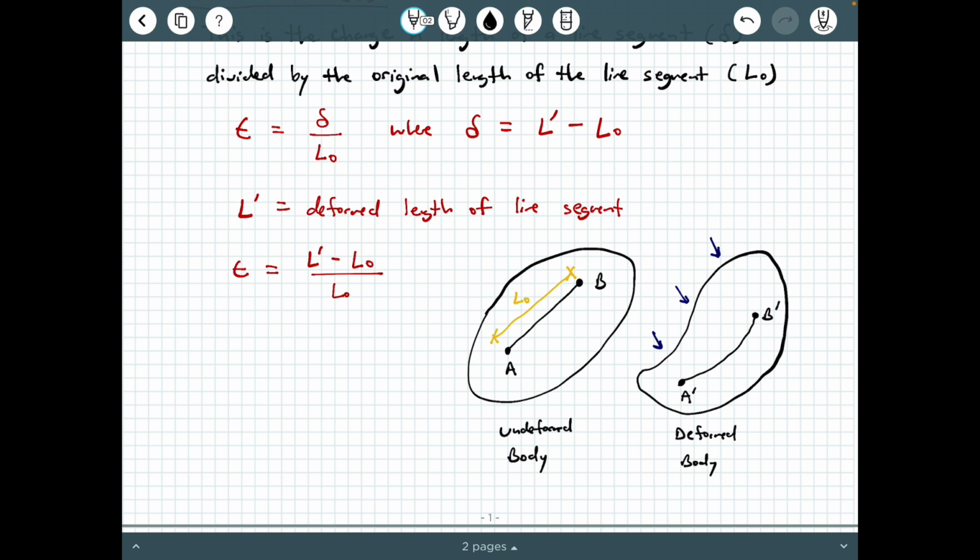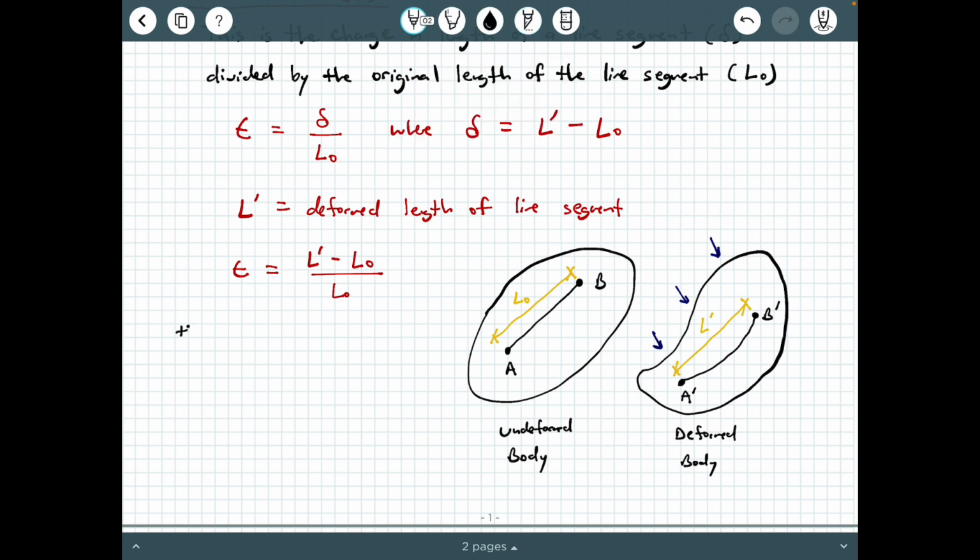All right. So what do we look at now? Well, the length of that line segment now is going to be L prime, okay? So that's what we mean by the deformed length of the line segment. Now, when we consider very small line segments, we're not going to be considering the curvature of the change of these line segments. So let's make a note of that here, okay?